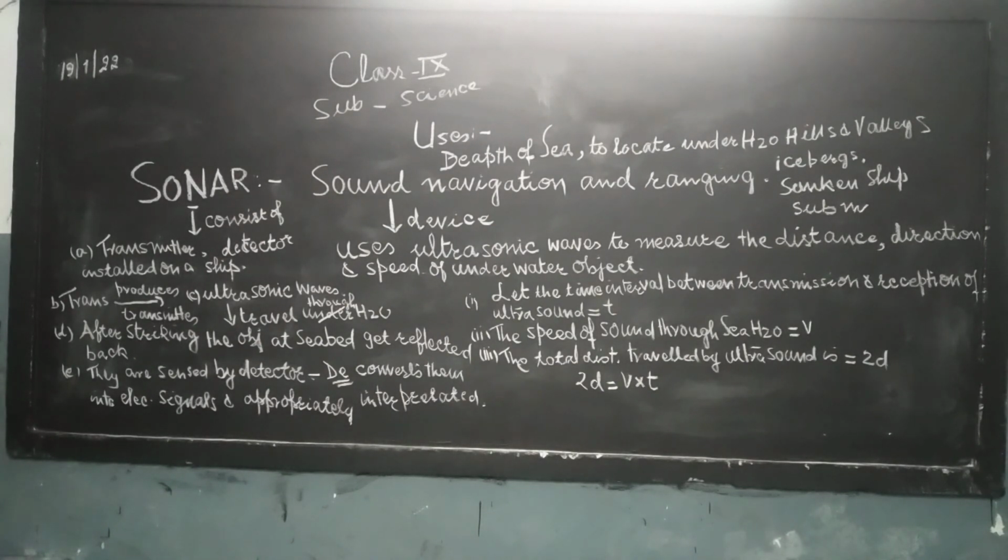Sonar consists of a transmitter and a detector, and these transmitter and detector are installed on a ship. The transmitter produces and transmits ultrasonic waves which travel through water.